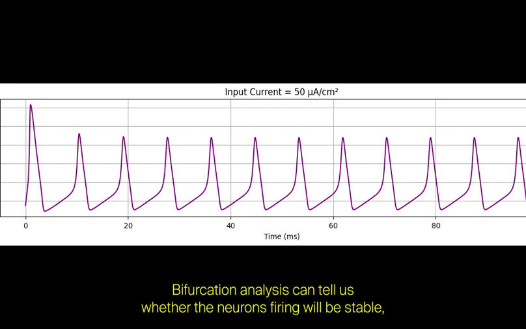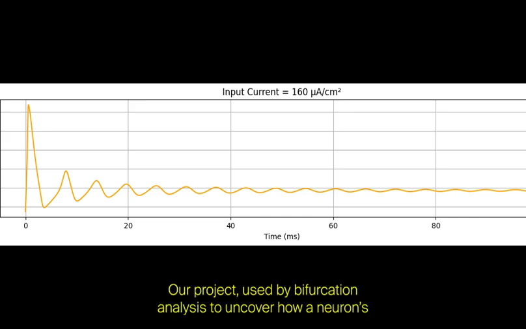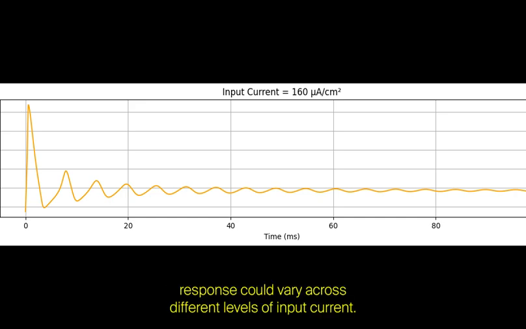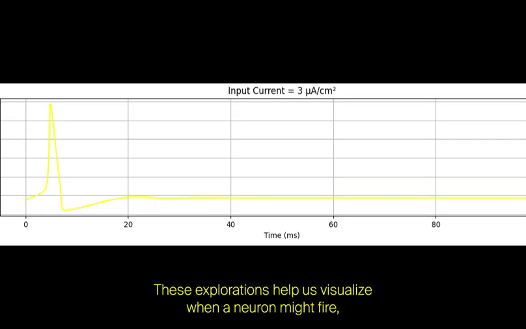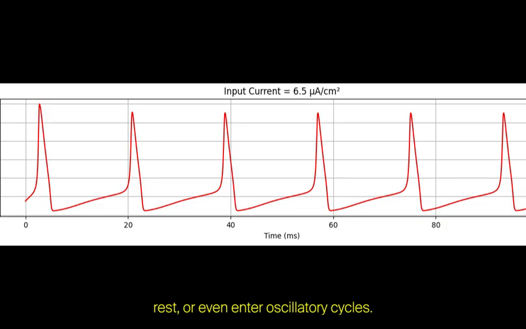Bifurcation analysis can tell us whether a neuron's firing will be stable or if it will switch back to silence depending on its inputs. Our project used bifurcation analysis to uncover how a neuron's response could vary across different levels of input current. These explorations help us visualize when a neuron might fire, rest, or even enter oscillatory cycles.